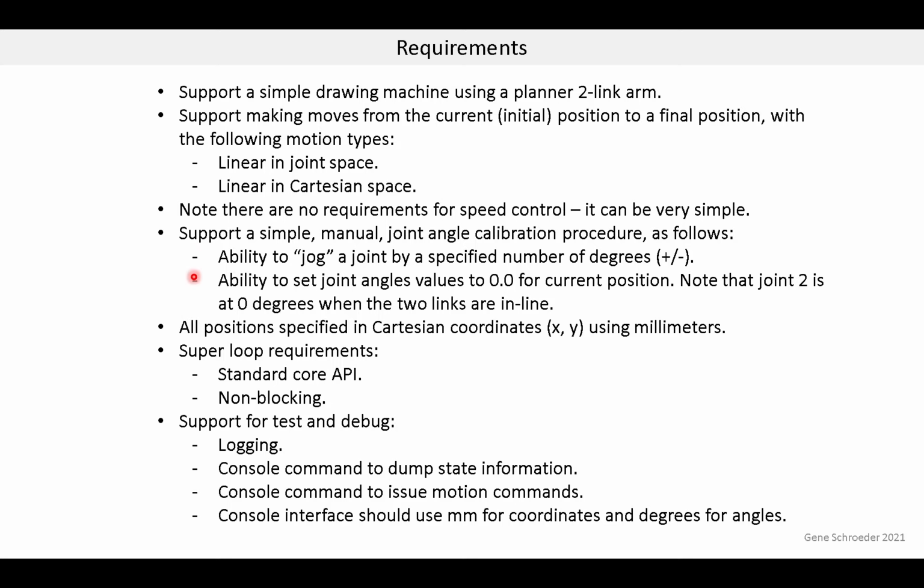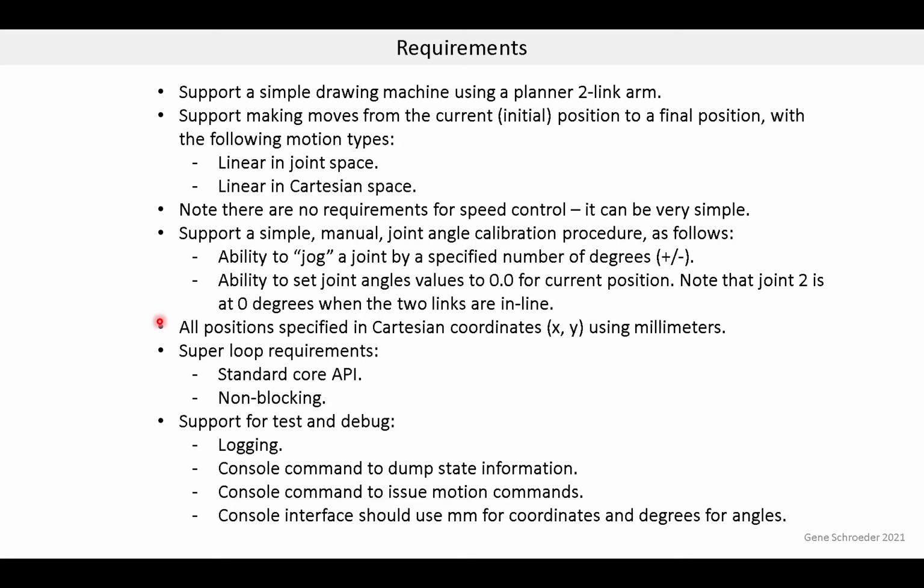And then the ability to set the joint angles to 0 degrees for the current position. Note that joint 2 is the position where the two links are in line. As you'll see in the demo, we just use sort of an eyeball method of calibration. It's not terribly precise, but it's good enough.